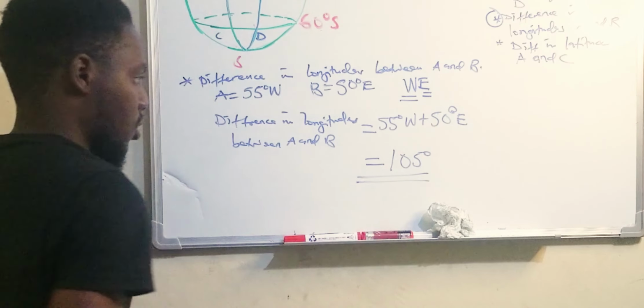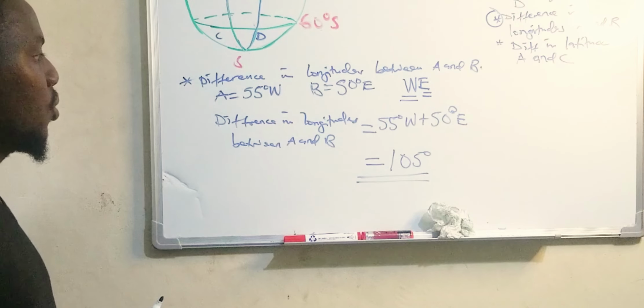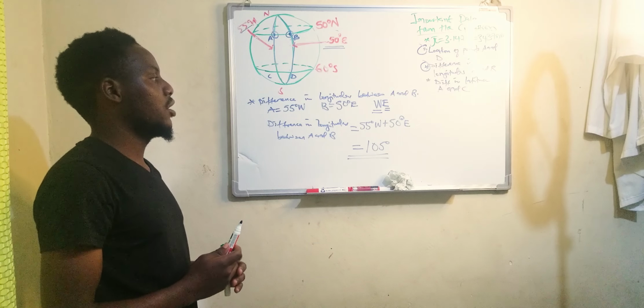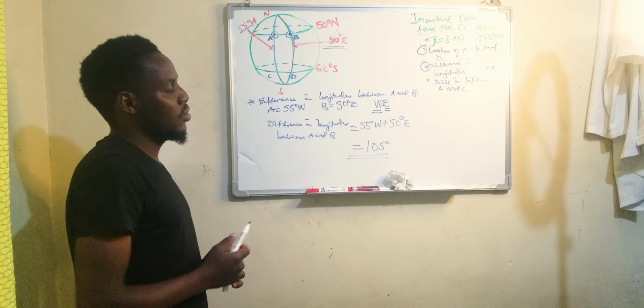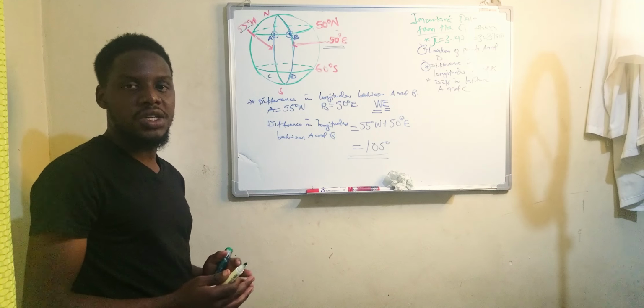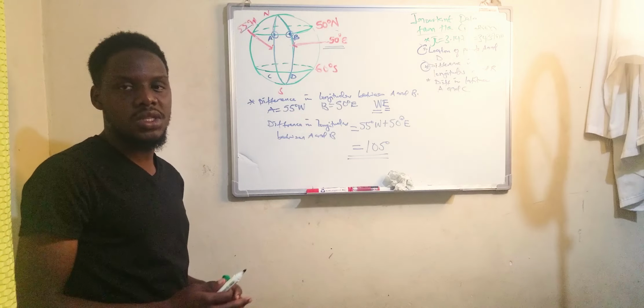It's neither east nor west. That was how you find the difference in longitudes, following the concept that we talked about: you add those two points that are on different sides of the Greenwich meridian, and you subtract those two points that are on the same side of the Greenwich meridian.